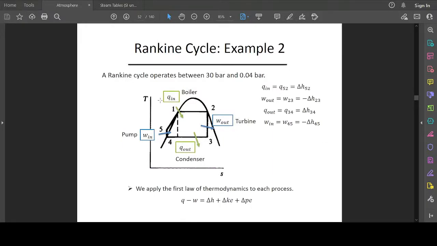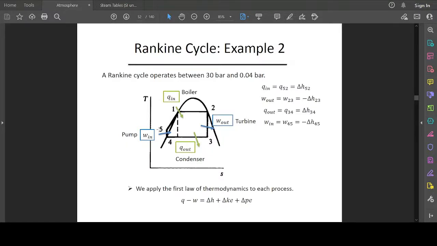So we know that at the heat inlet from 5 to 2, the change in enthalpy from 5 to 2 will give us the total heat added to the system. The work out of the system is the difference in enthalpy at stages 2 and 3, and the heat loss as a result of the condenser removing heat from the working fluid is the change in enthalpy at stages 3 and 4, which is given as this.